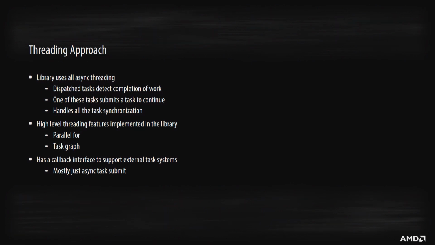But down at the interface level with an outside application or engine, what we have is basically a callback interface to let you have the scheduler swap in whatever scheduler you want for that. But it's pretty simple in terms of what it is asking for, just an async task call.